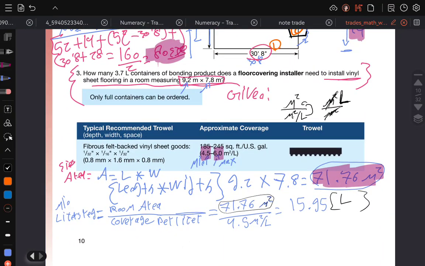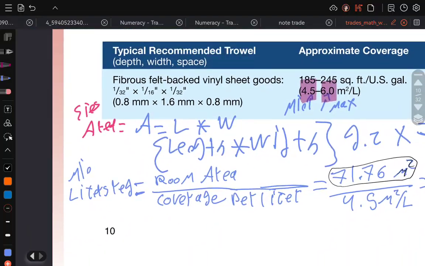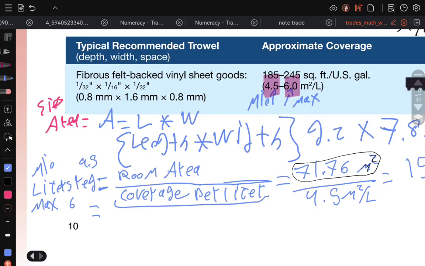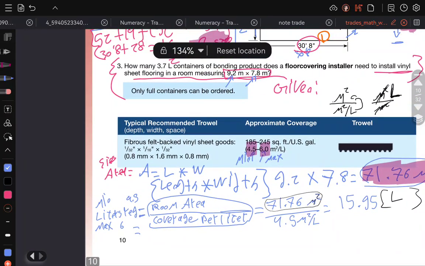Now let's go to the max one. For the maximum coverage, it's gonna be 6, right? Yeah, this one is 6 and the other one is 4.5. No need to write the formula again. Let's just solve it right away.